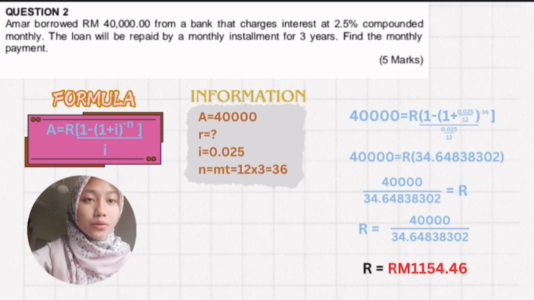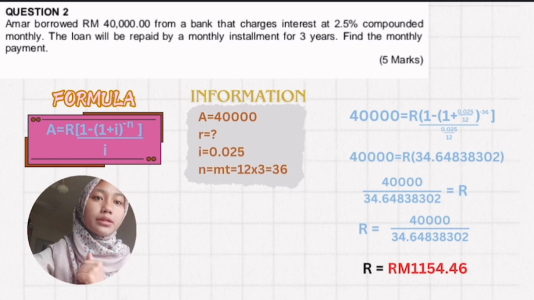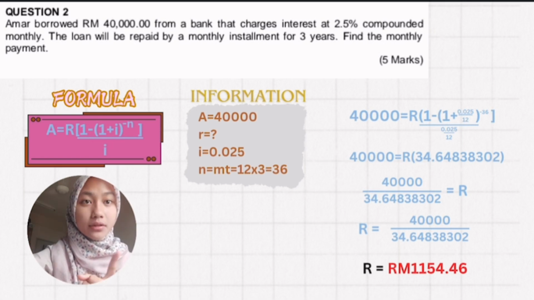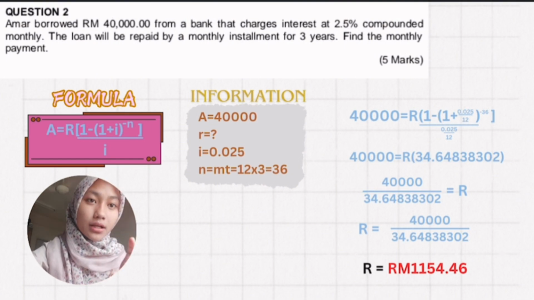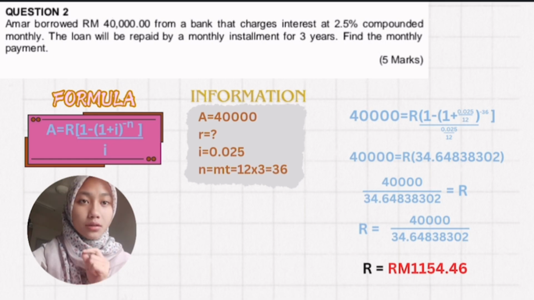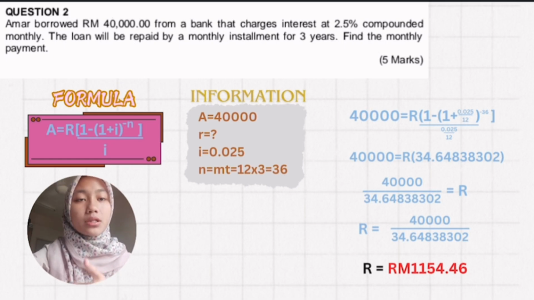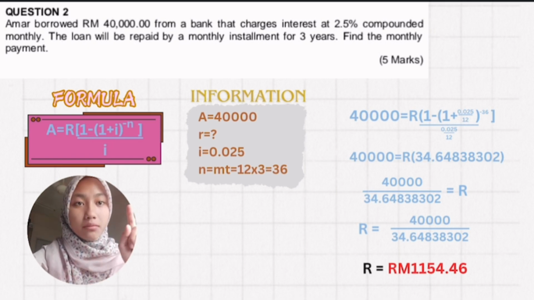Alright, so move on to the solution. 40,000 equal to R, which we don't know, times [1 - (1 + 0.025/12)^-36] divided by 0.025/12.